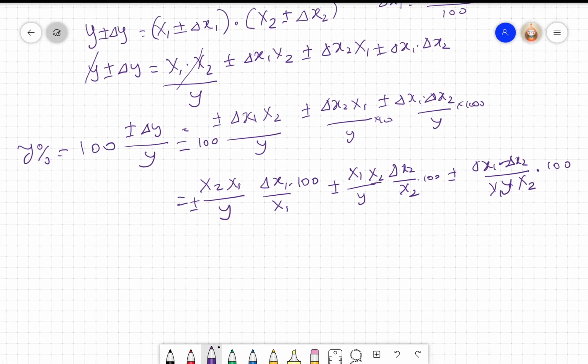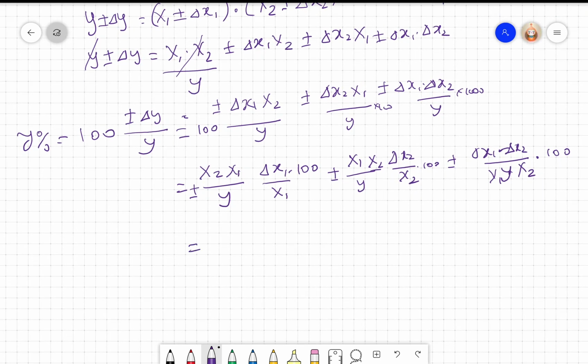So this of course is 1, this is also 1. Please remember what is y, x1 multiplied by x2.